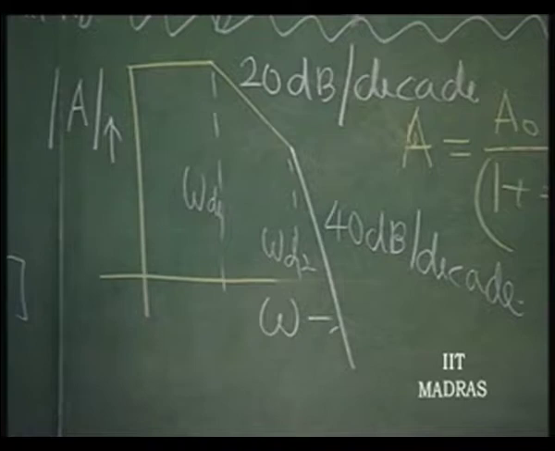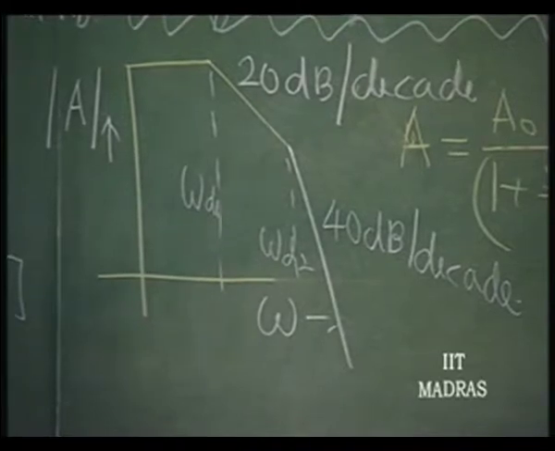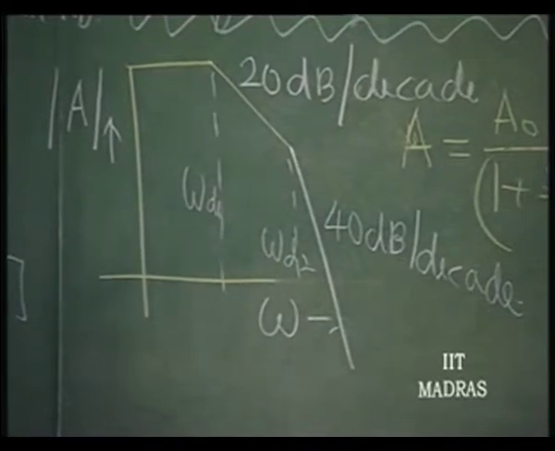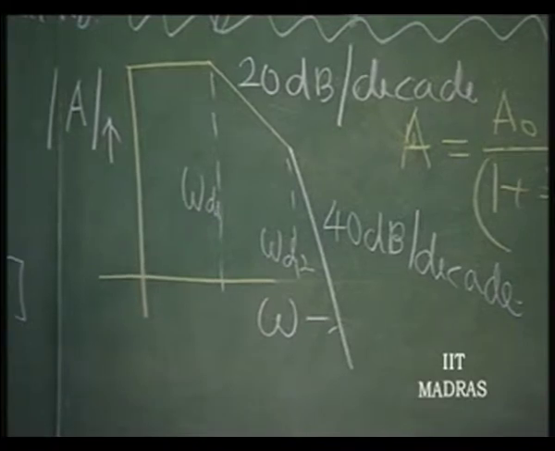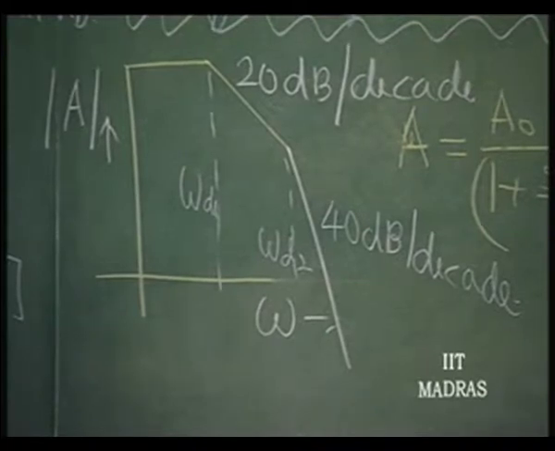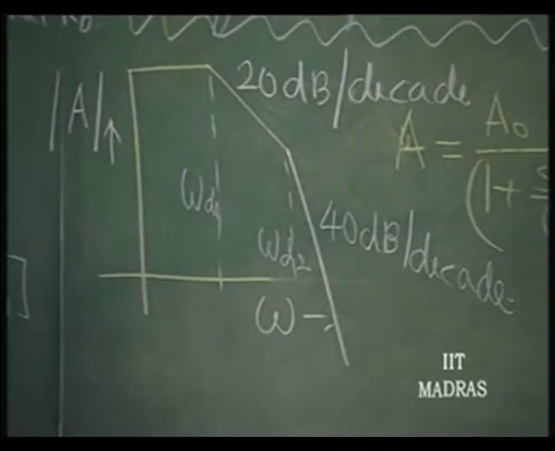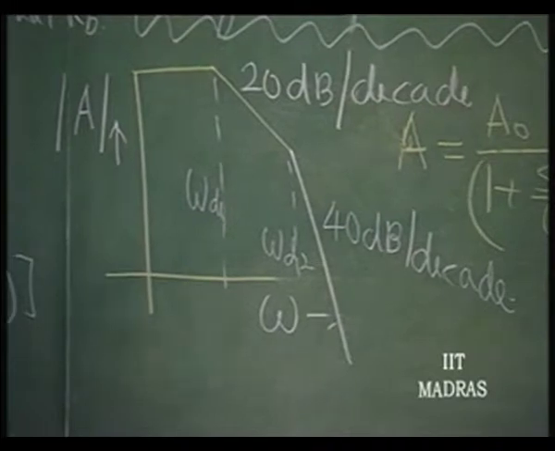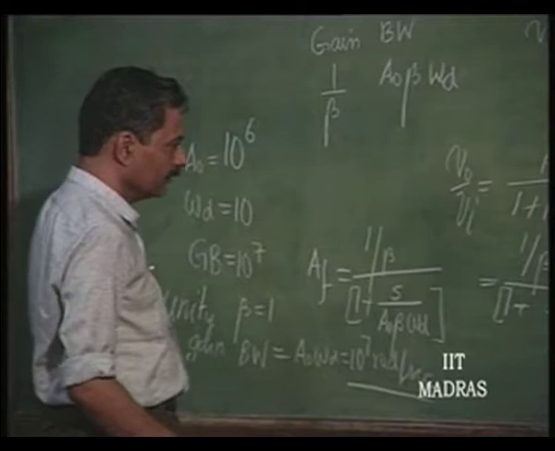So, this is a two pole system. Okay. If such system is used for negative feedback, then what happens? This is also fairly simple to analyze. Okay. So, again all these things are valid.